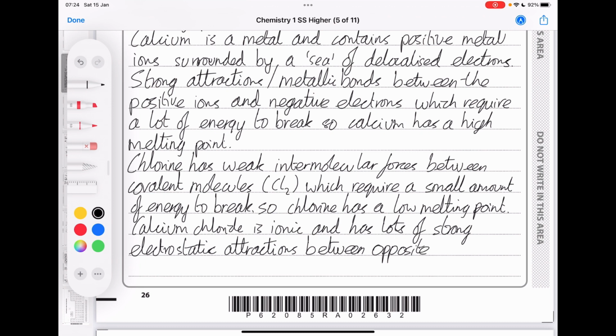I cannot use the word molecule or atom or particle because they are not correct. An ionic substance is made of ions. Because there are strong electrostatic attractions between the oppositely charged ions, they require a lot of energy to break.